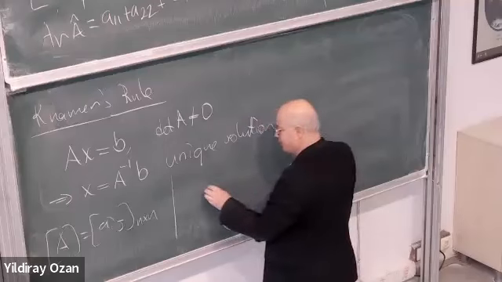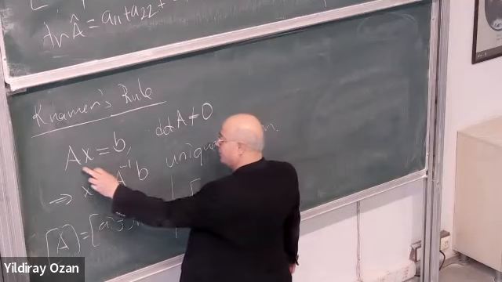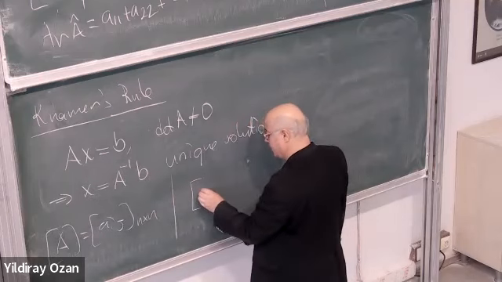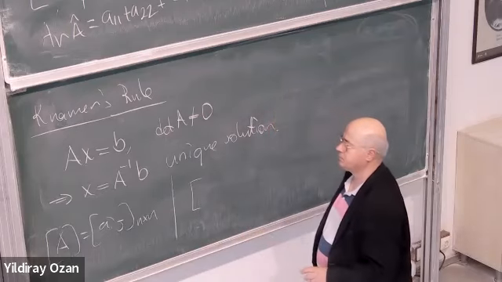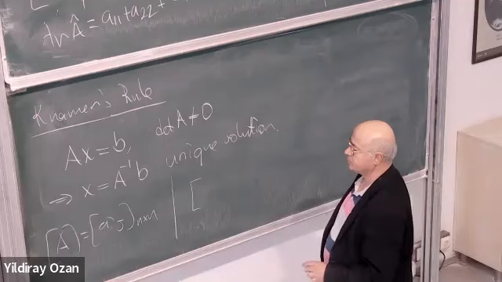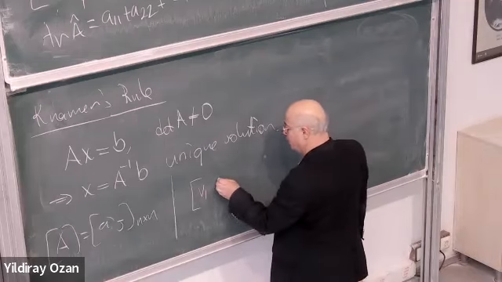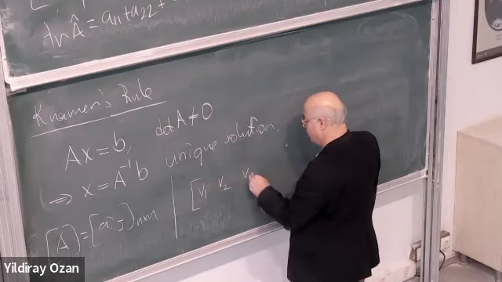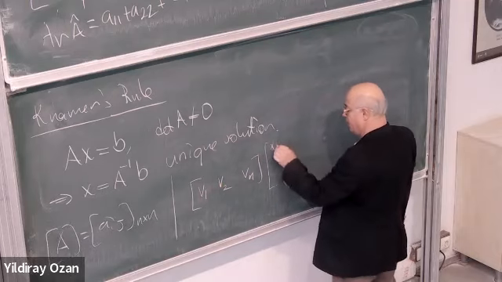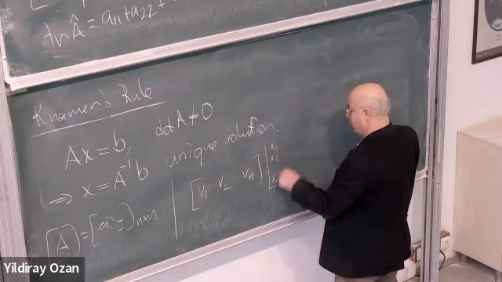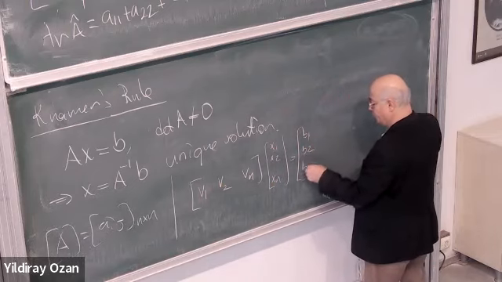AX equals B can be written like this, right? So if I write the columns of A like this, V1, V2, Vn, and here I have x1, x2, xn, and here I have b.